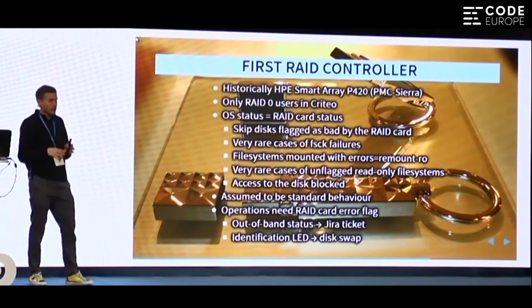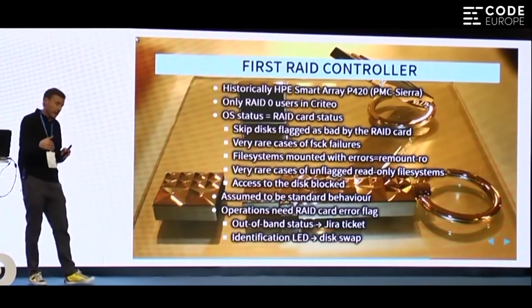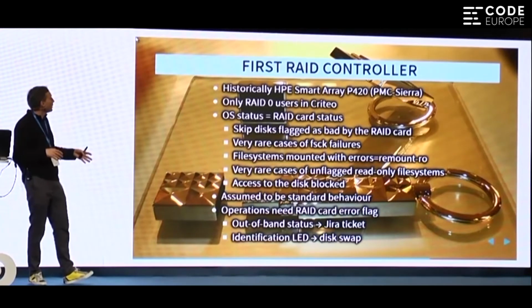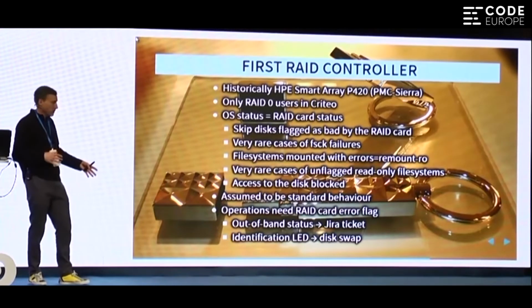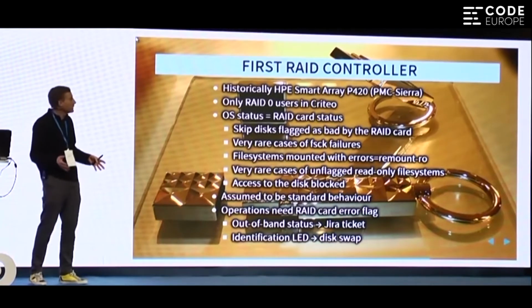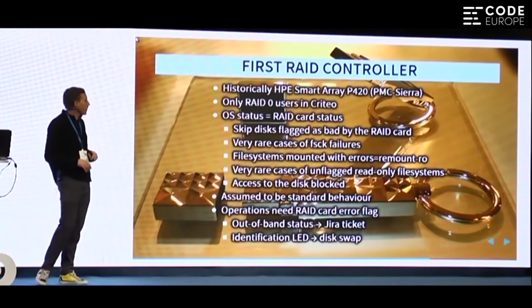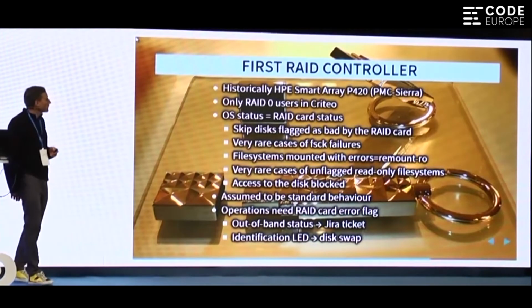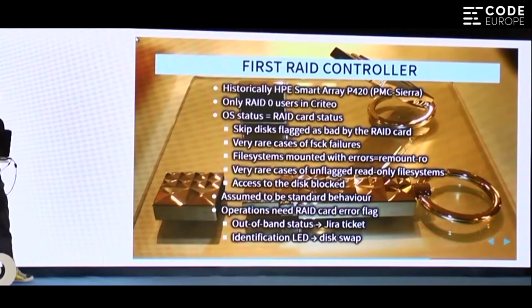So that they can keep out of our way and do things independently, they monitor the disk by the out of band interface. So this was good. Everything worked well. A disk would fail. The OS and Hadoop and HDFS would see the disk is failed, and so would stop using it. The LED would switch on, and so somebody would come past and change the disks. And we just assumed that this is the way RAID controllers worked.